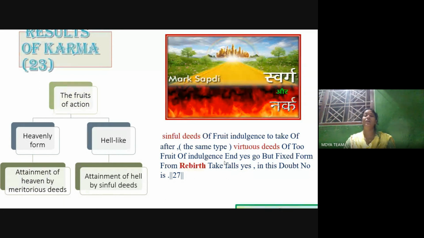For that purpose, jnana, or knowledge, is needed. So he is again describing how important knowledge is. Only actions are not important in life. When you do the work or action according to knowledge, it will help you get the liberation state.